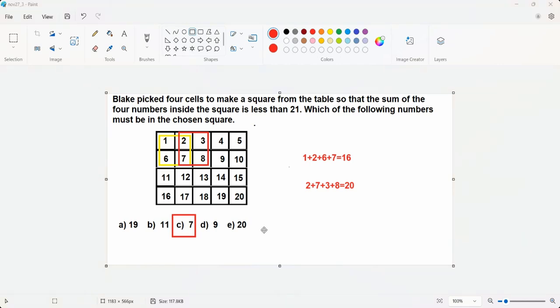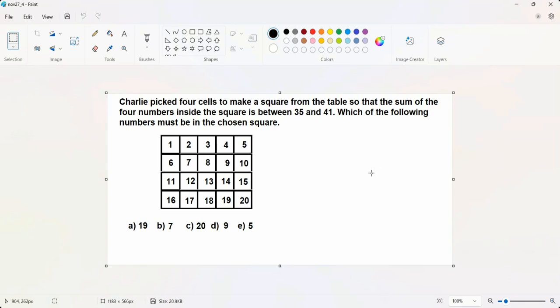Then you can come back to this particular example. Let's pause. I'll pause here for a second. You can pause the video here and come back and see how to solve this problem.